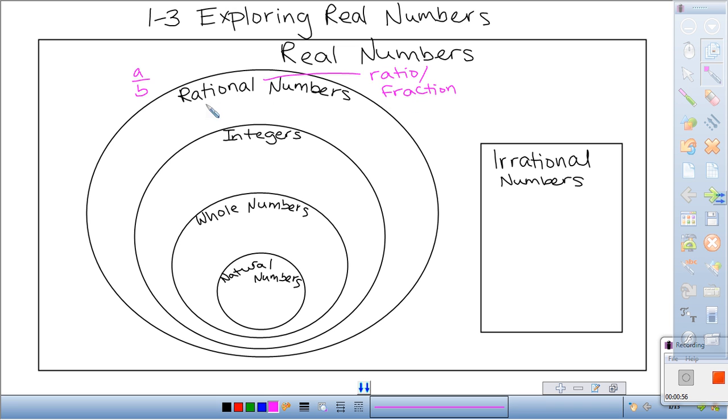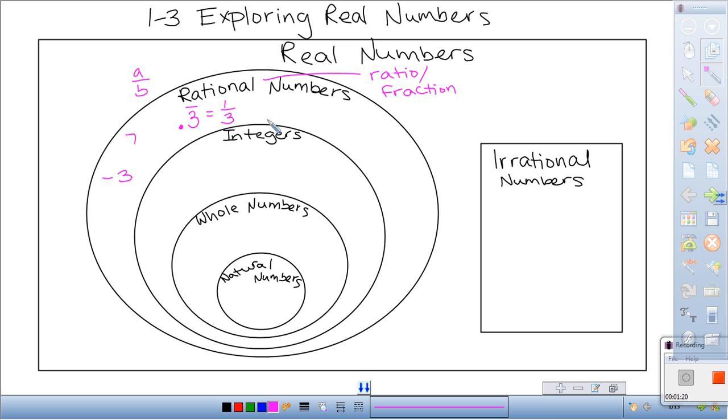Some examples of rational numbers might be 7, which could be written as 7/1. We know that all whole numbers can be written as a fraction, or -3. Also, the number 0.3 repeating, which as a fraction is 1/3.